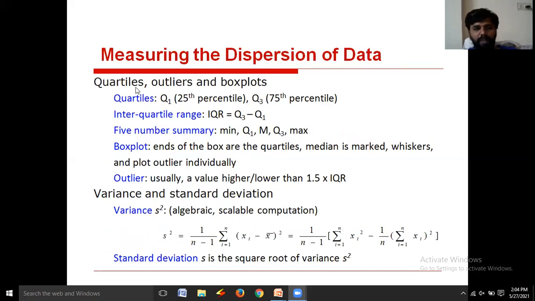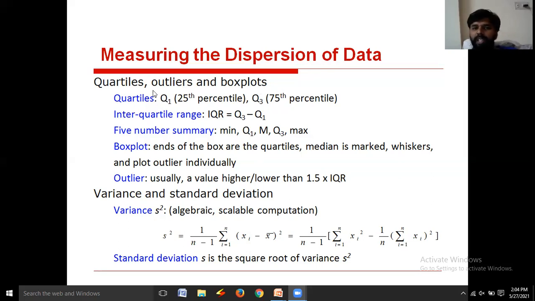For measuring purposes, we are using quantiles. Similarly, we are using outliers and box plots. What are the data dispersion measures available? Data dispersion is measured by using quantiles, quartiles, outliers, box plots. Once again, I am repeating: data dispersion is measured by using quartiles, outliers, box plots, etc.